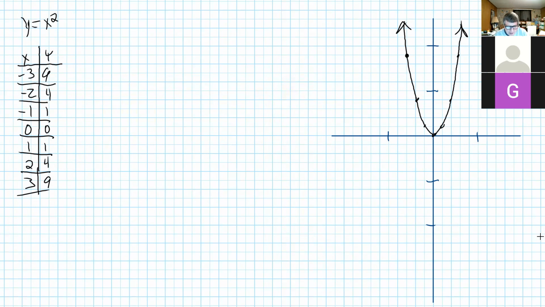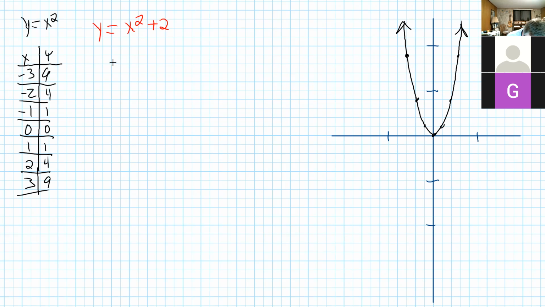Okay, now A is 1. What I'm going to do now is I'm going to add or subtract a constant. So I'm going to go like y equals x squared plus 2. Let's make that red. So y equals x squared plus 2.